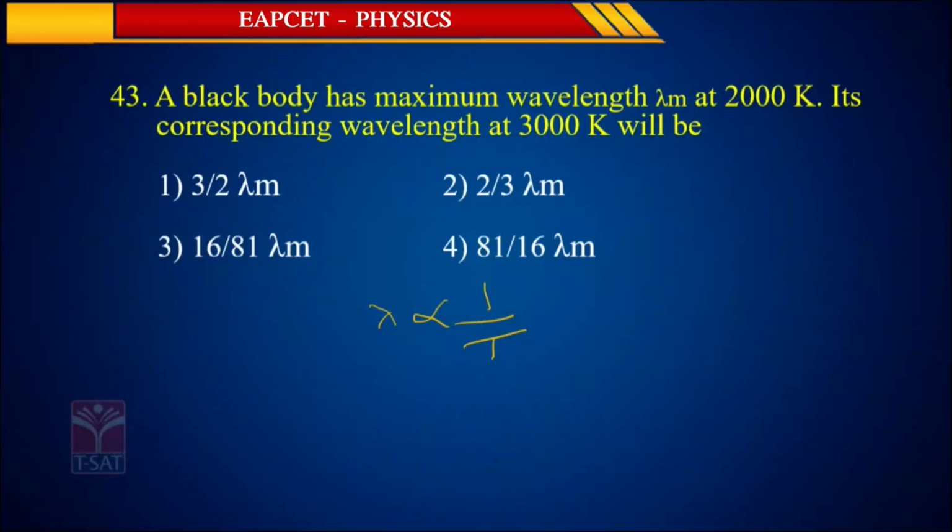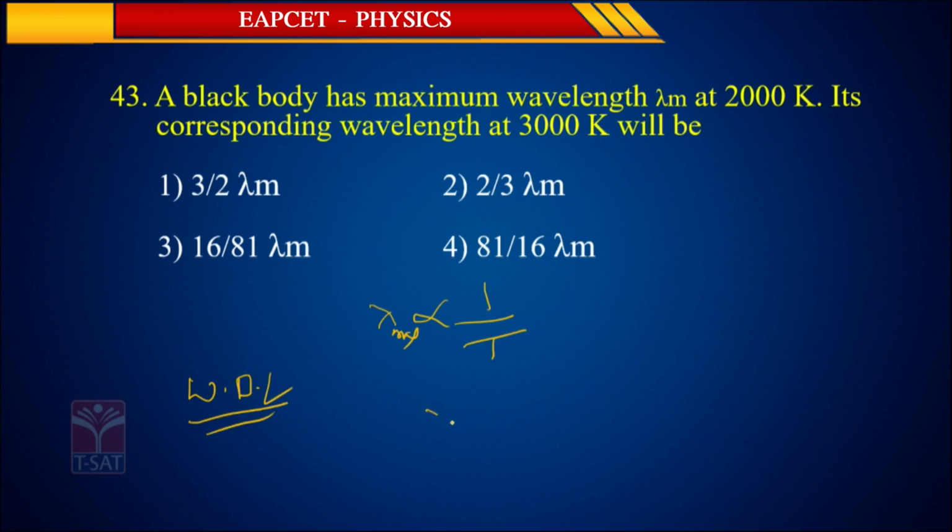And here, a black body has maximum wavelength lambda m at 2000 Kelvin. Its corresponding wavelength at 3000 Kelvin will be? Here you apply Wien's displacement law, children. Maximum wavelength is inversely proportional to the temperature.